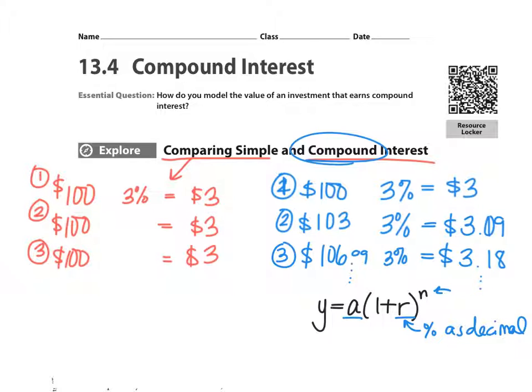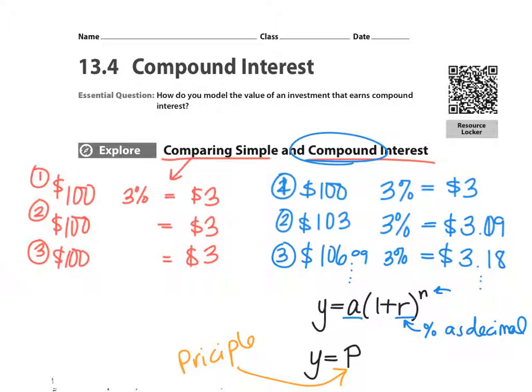So the formula that we're going to use today is really very much the same, except now it's going to be y equals P times 1 plus r to the t. They use P for principal. That's a word that you need to know just in general life. The beginning of any loan or any bank amount is called the principal.